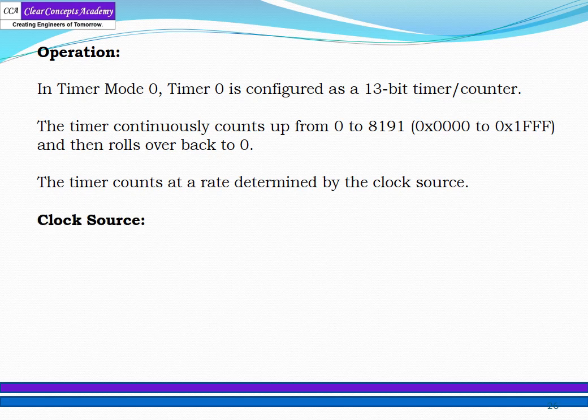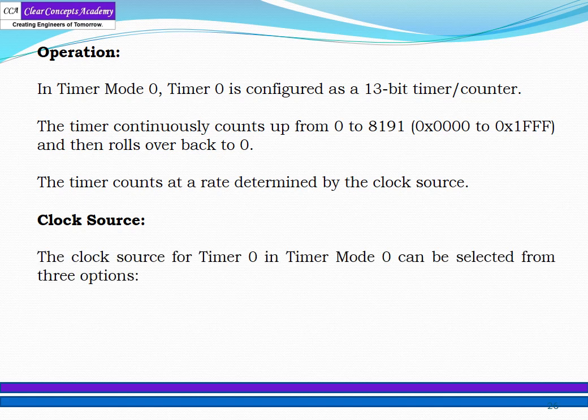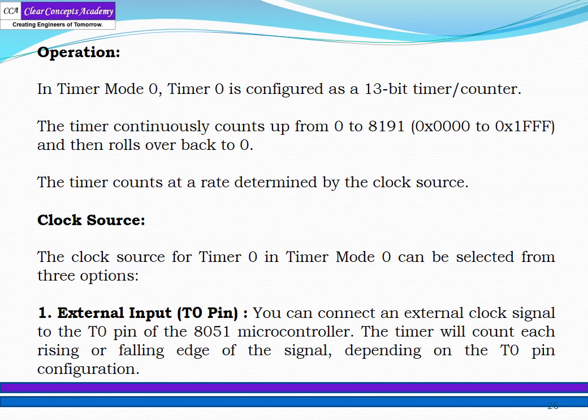Now clock source. Which clock source will it use? The clock source for timer 0 in timer mode 0 can be selected from 3 options. It can be an external input, that is the T0 pin. You can connect an external clock signal to the T0 pin of the 8051 microcontroller.